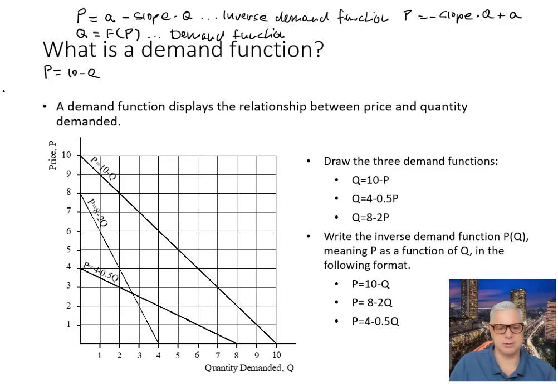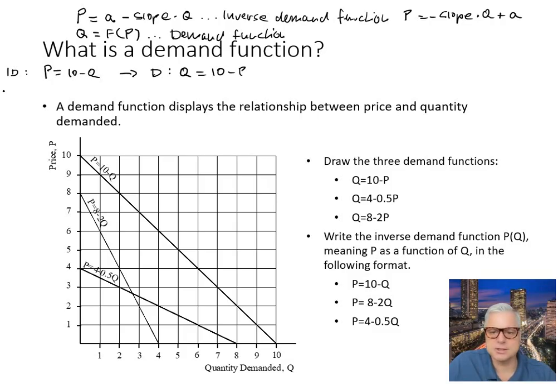So this is the inverse demand, I call it ID. And if we convert it, we get the demand function, I just call that D, which is obviously Q equals 10 minus P.